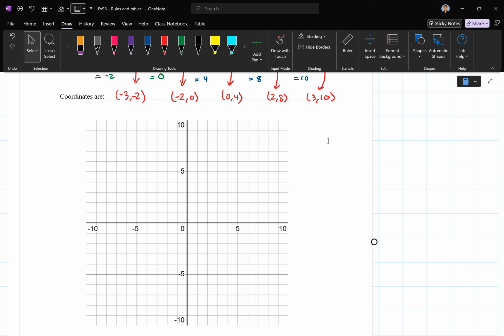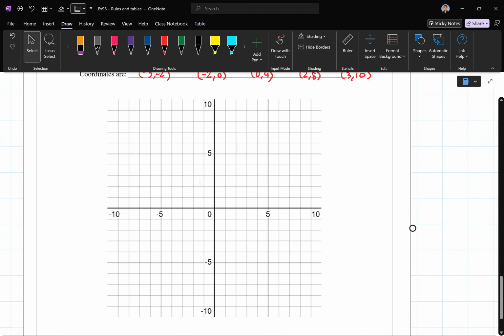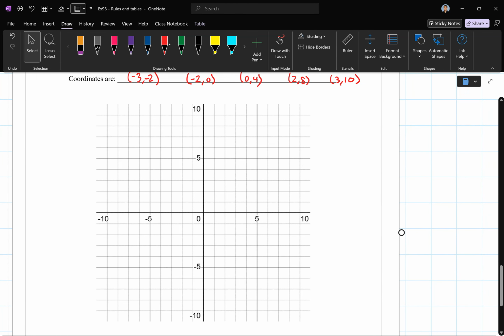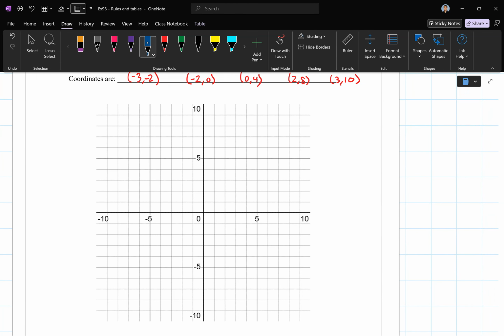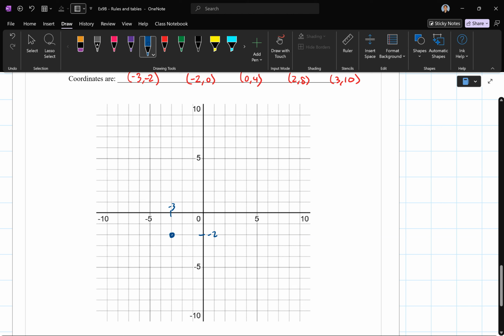So I'm going to plot the coordinates now. For those who are actually attempting to put this onto the plane, let's check your answers. -3, -2. Got 1 point. -2, 0. 0, 4. 2, 8.